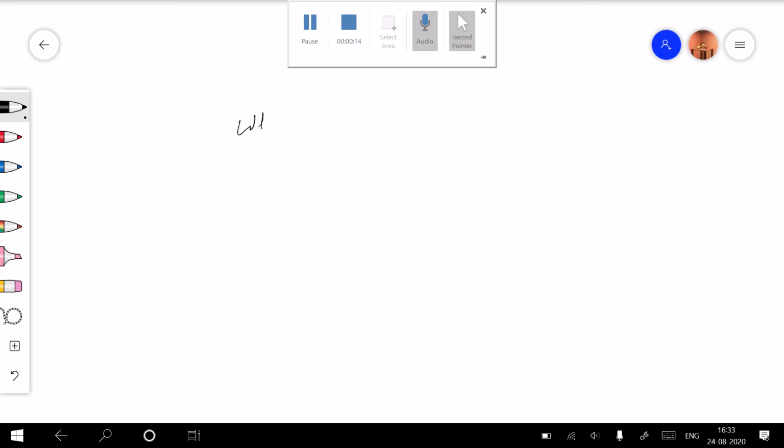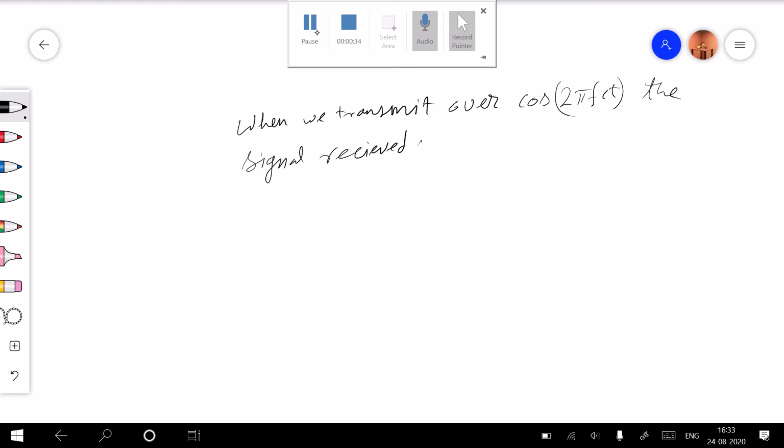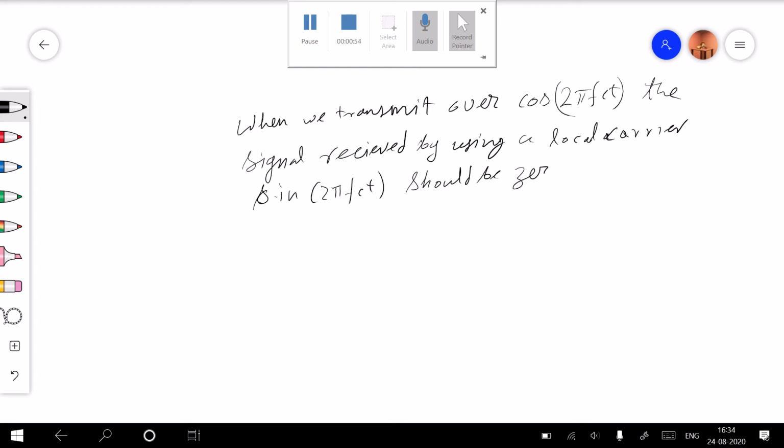Saw that when we transmit over cos 2 pi fct, the signal received by using a local carrier sine 2 pi fct should be fine.